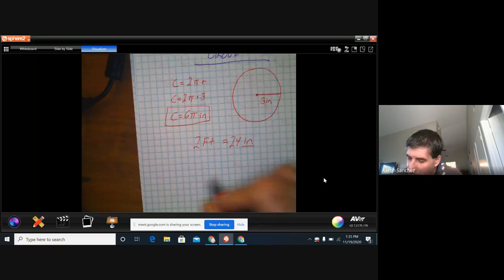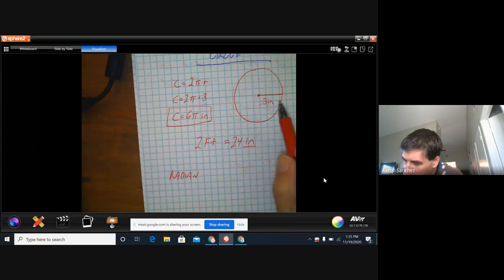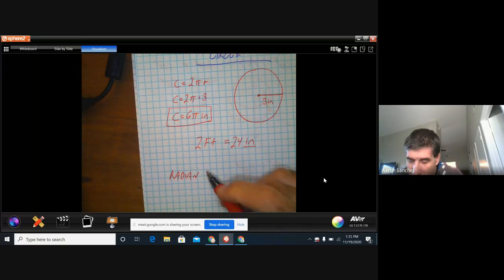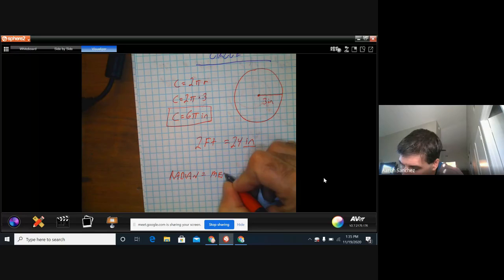Now let's talk about a radian. We talked about the circumference of the circle, and about feet and inches. Now we're going to talk about radians. A radian is how we measure an angle.